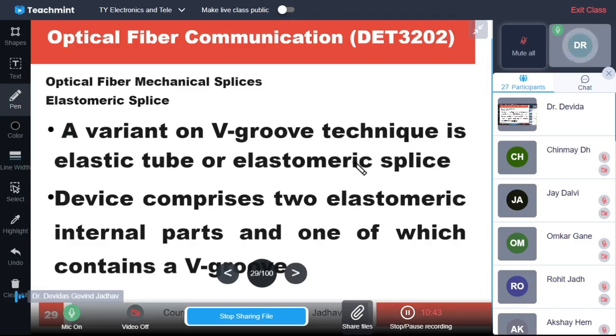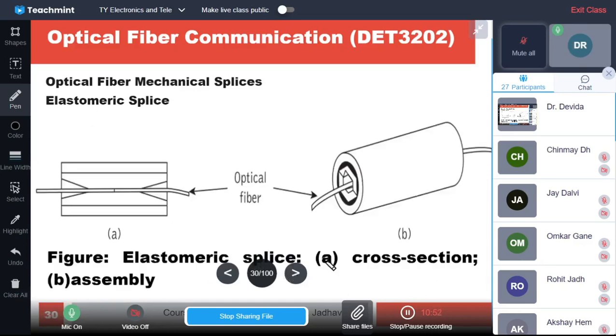A variant of the V-groove is also there, called the elastomeric splice, and it comprises two elastomeric internal parts, one of which has a V-groove. So this is the cross section and assembly of the elastomeric splice. This is the external tube and the two internal elastic parts. Out of those, one has a V-groove to align the fiber, and it holds the fiber very firmly.